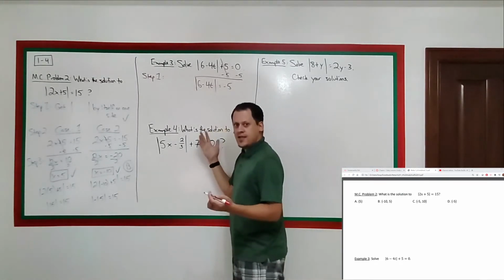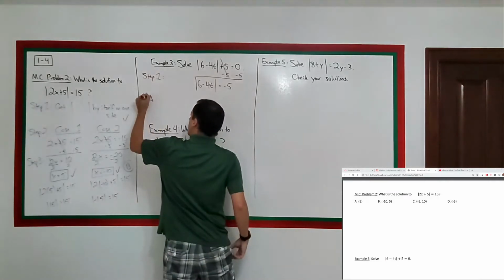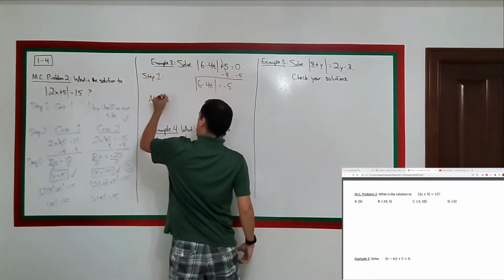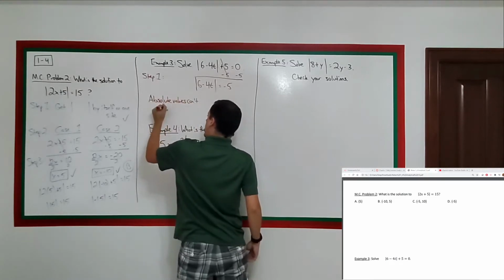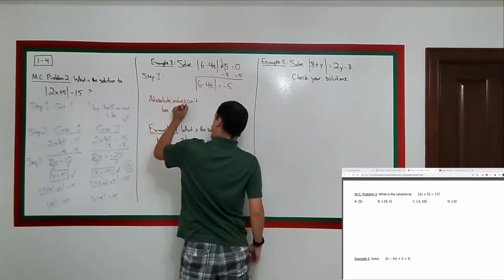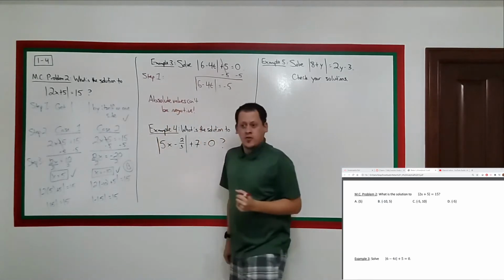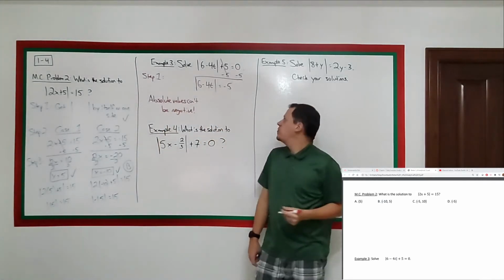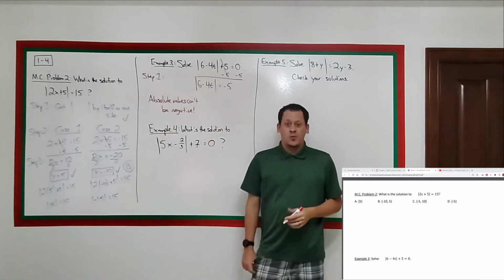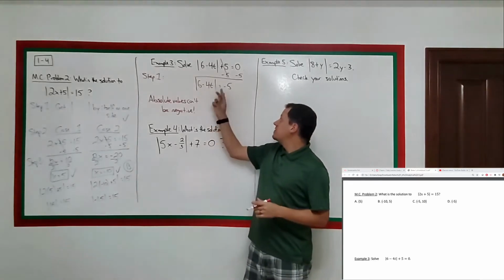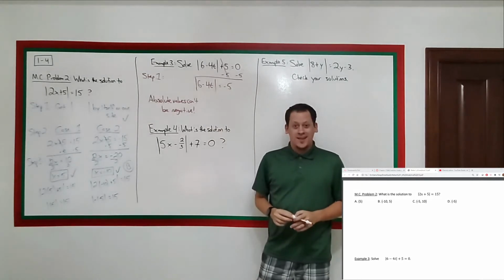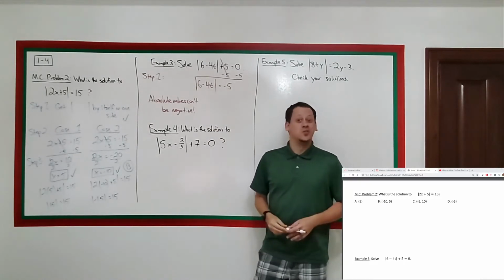But absolute values can't be negative. So what does that mean? How can we solve this? Well, if this happens, if you've got the absolute value of something equals a negative number, that's a pretty big shortcut because that means there's no solution.